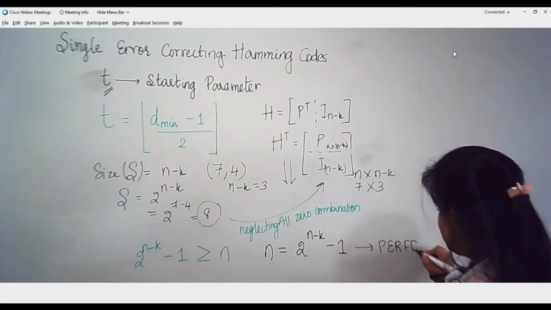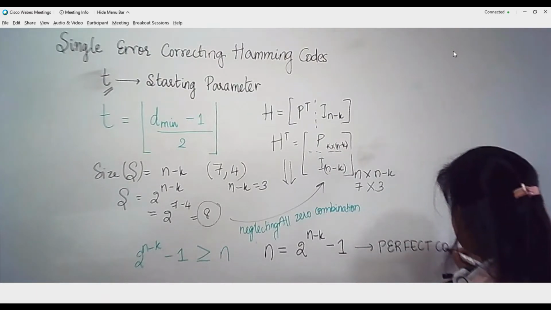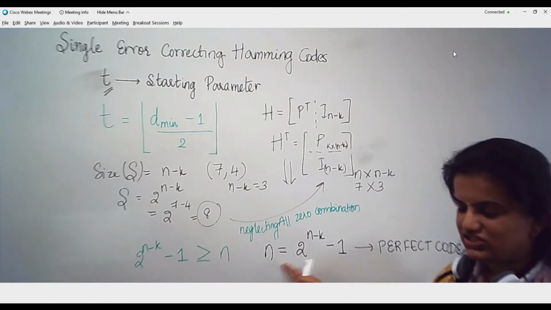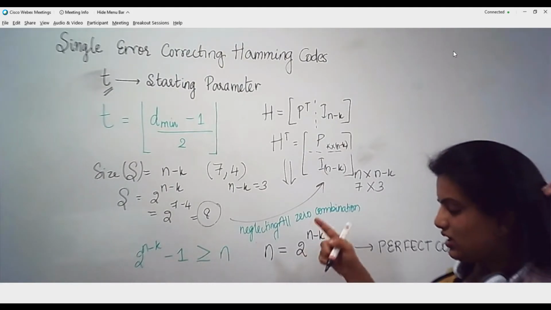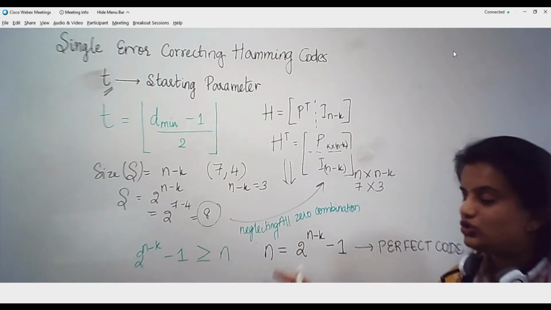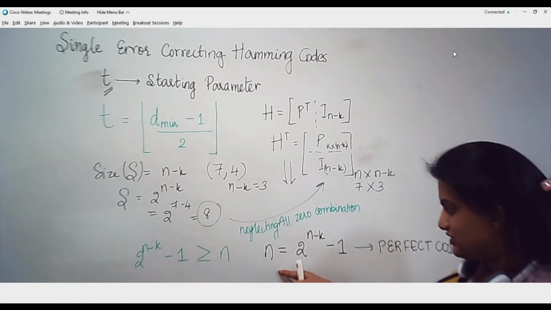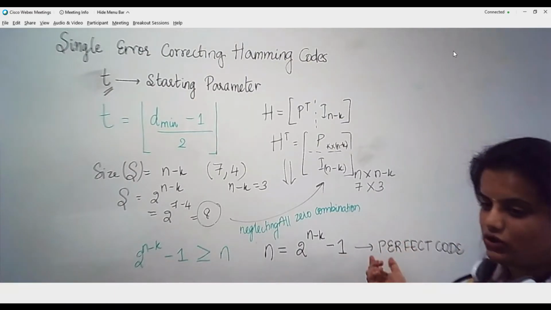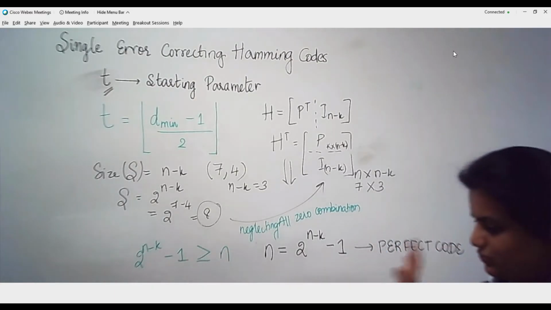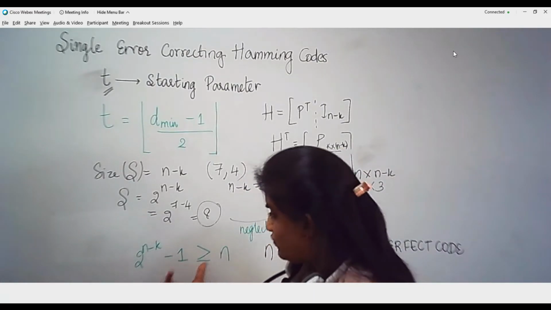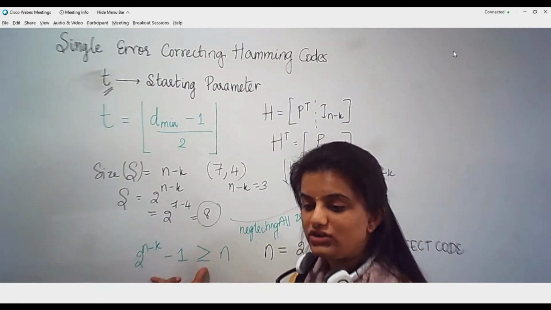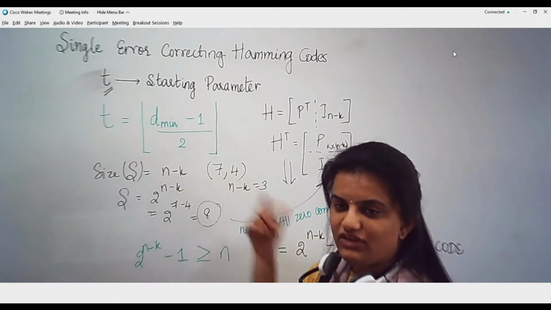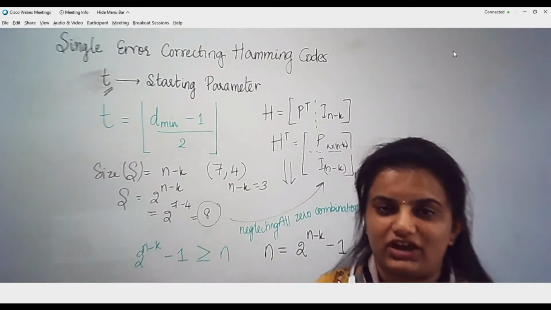We call such a code a perfect code, which means the single bit error locations are going to generate n number of syndrome vectors. So please remember this condition, which holds the key to evaluate the n value and k value for the code that we are going to construct.